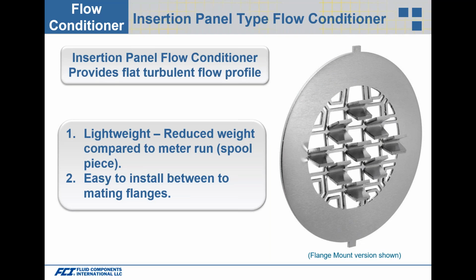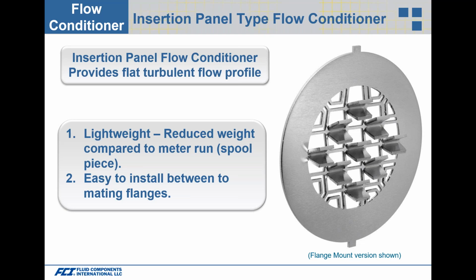What that does is allow us to remove any kind of upstream disturbance to the flow meter. After the gas passes through this VIP, this insertion panel flow conditioner, it becomes flat and turbulent.